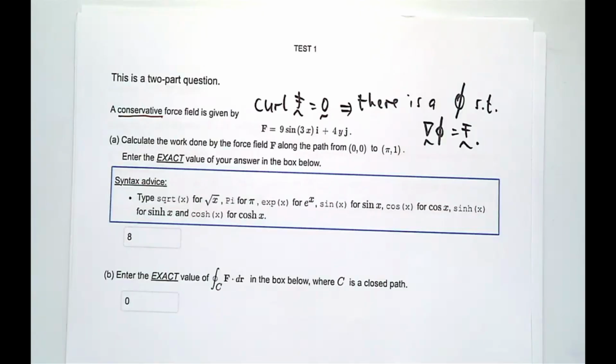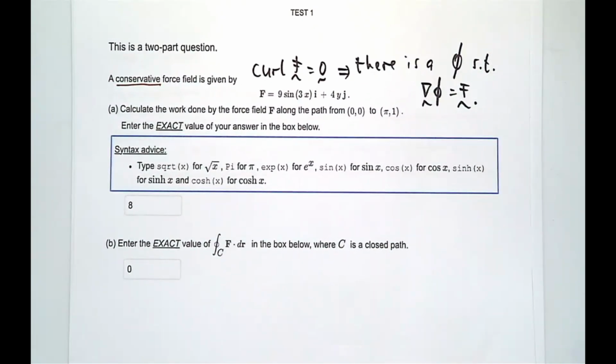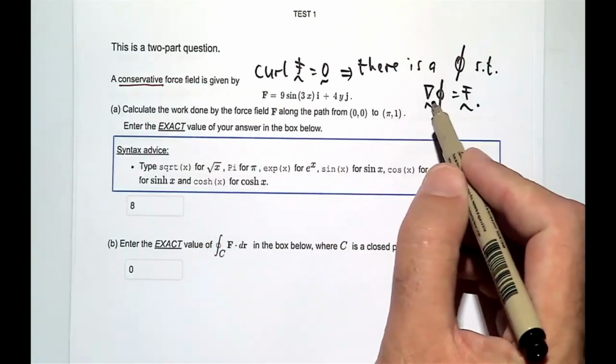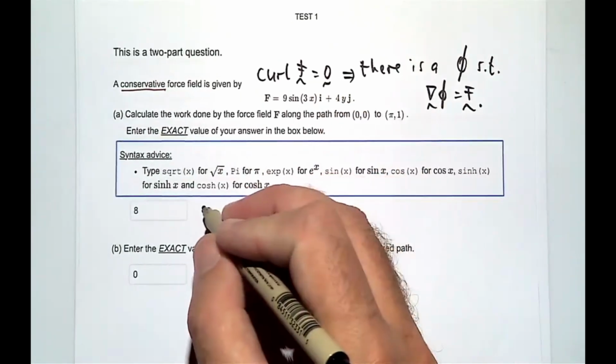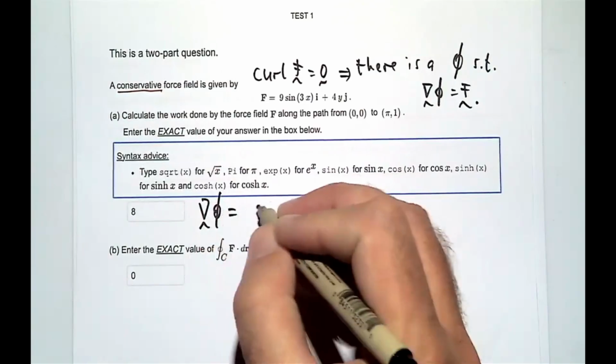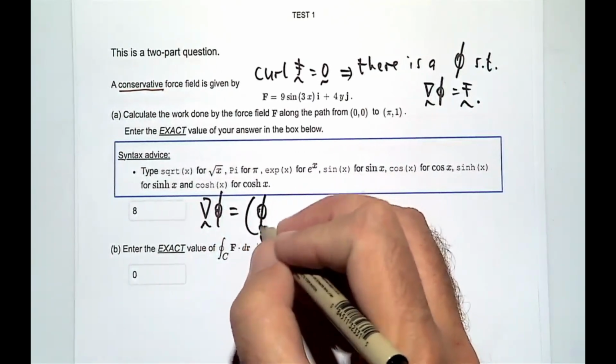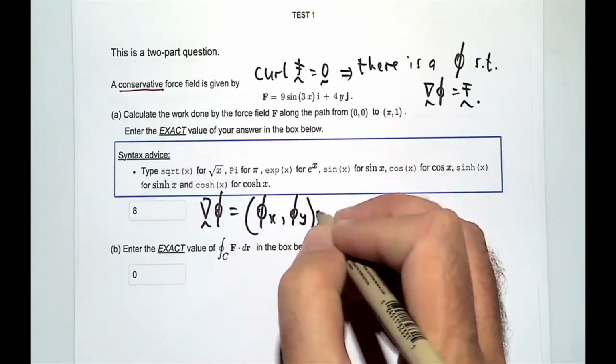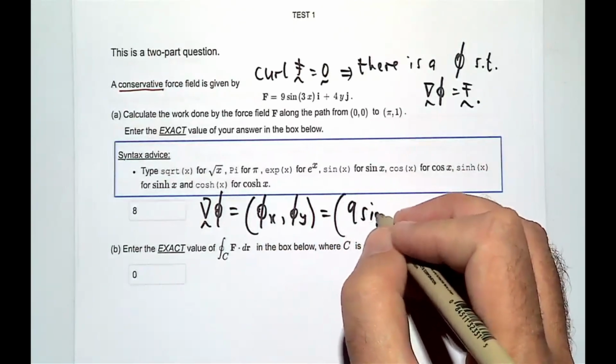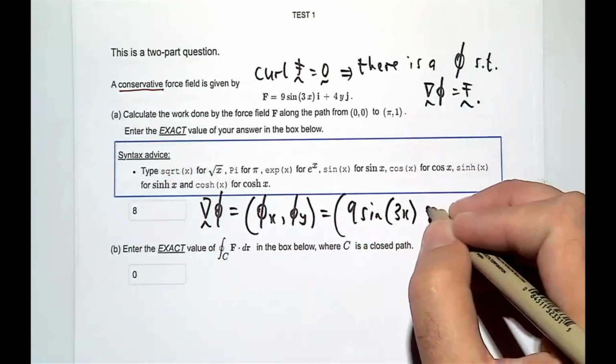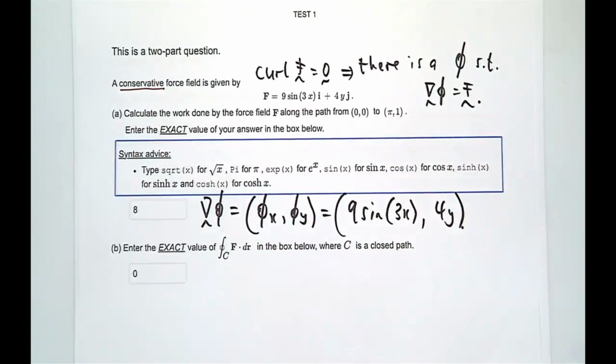Okay? So let's try to do it. Let's try to do it. All right, so let's look at this and then we'll compare it with this. Okay. Two partial differential equations, phi sub x equals 9 sine 3x, phi sub y equals 4y.